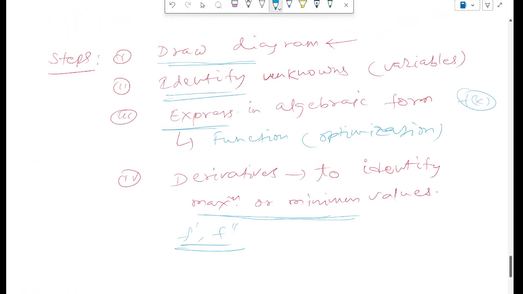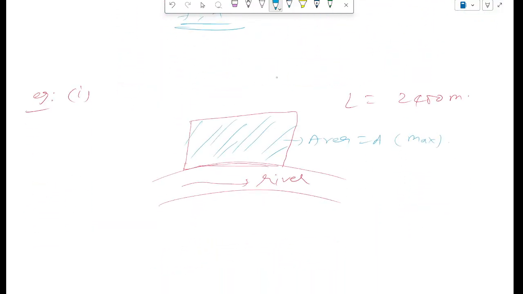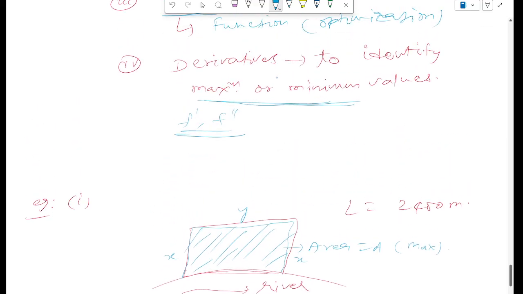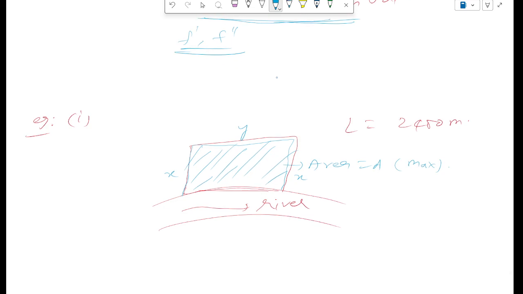Second, we have to find variables. What are the things that we are assuming? Here we are assuming that x is the width and y is the length. Then this side will also become x since it is a rectangle. So these x and y are the variables.